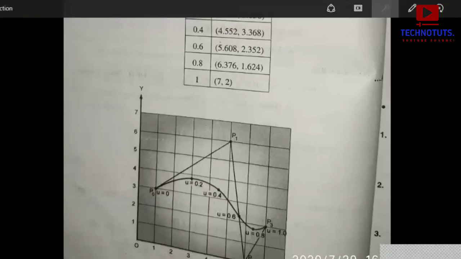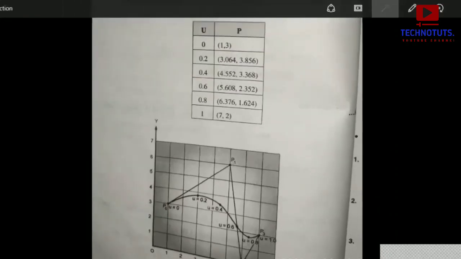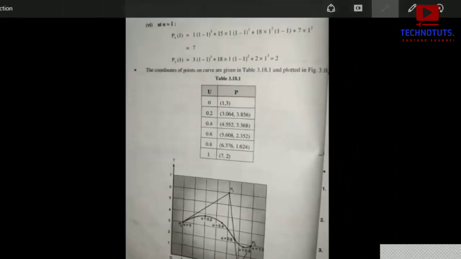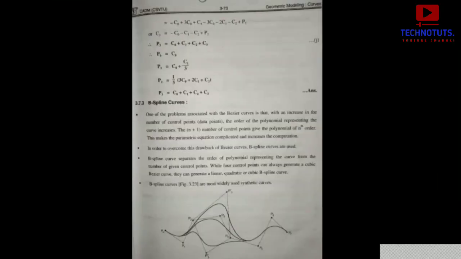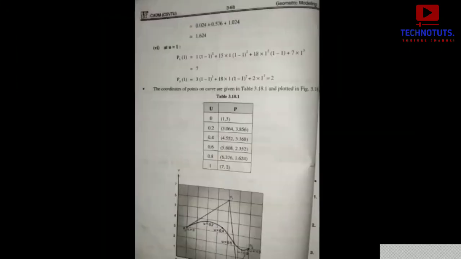So in this way, the desired curve problems can be solved very easily. You just have to remember the polynomial equation, the parametric equation for the desired curve. Then we can easily solve this problem by just substituting the values of u at different positions.